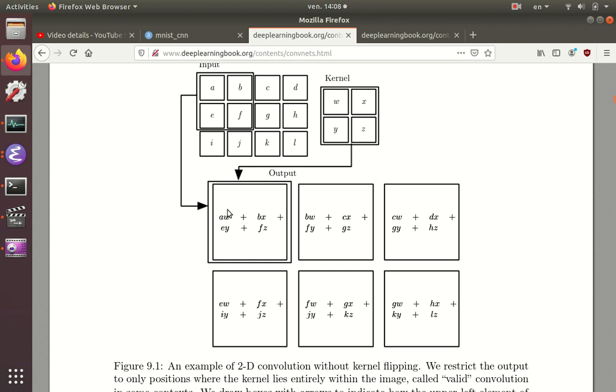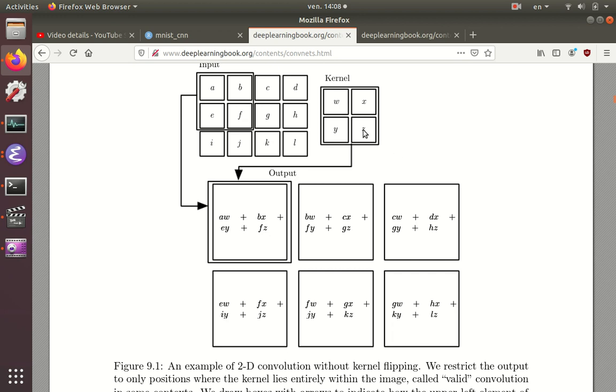So here, to get this output unit at this upper left corner, which corresponds to where the kernel is applied to the upper left corner of the input, we get AW, so that's the upper left entry of the input times the upper left entry of the kernel. Then you add BX, which is the upper right entry of the input times the upper right entry of the kernel, plus EY, plus FZ.